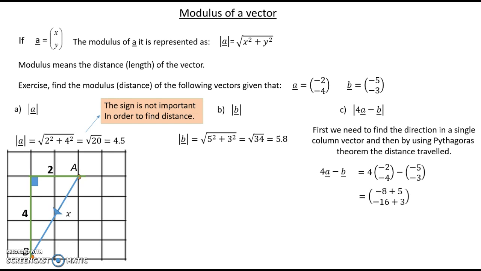Therefore that will be minus 8 plus 5, and 4 times minus 4 is minus 16, minus 3 is plus 3, so the final direction is (-3, -13). The distance now of this vector, 4a minus b, will be the square root of 3 squared plus 13 squared, and we get that the answer is 13.3.